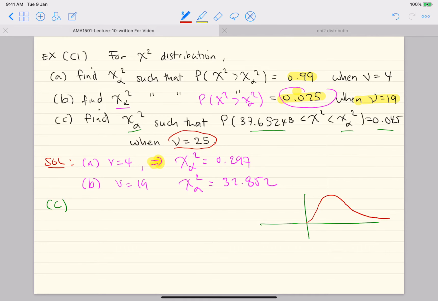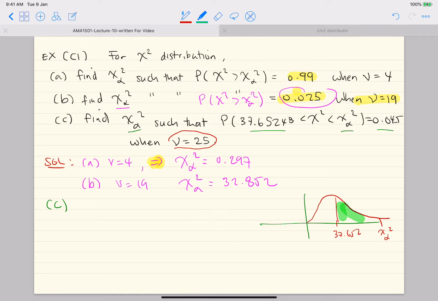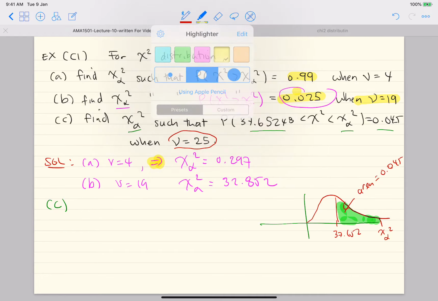Here we have 37.652, and then this chi alpha squared. In between, the actual area is 0.045. So we need to find this chi alpha squared.